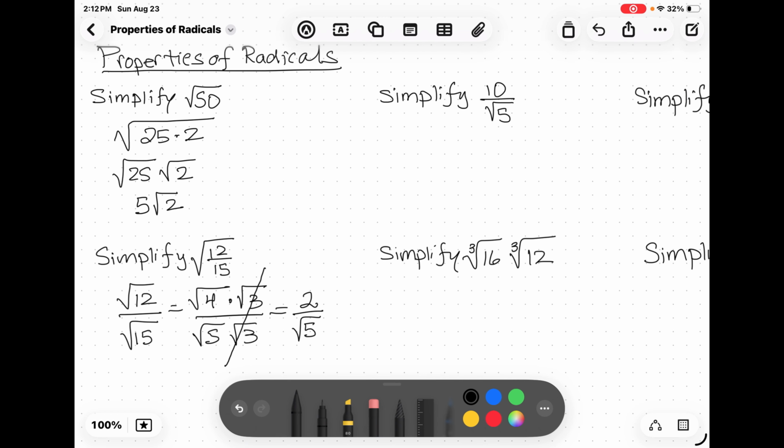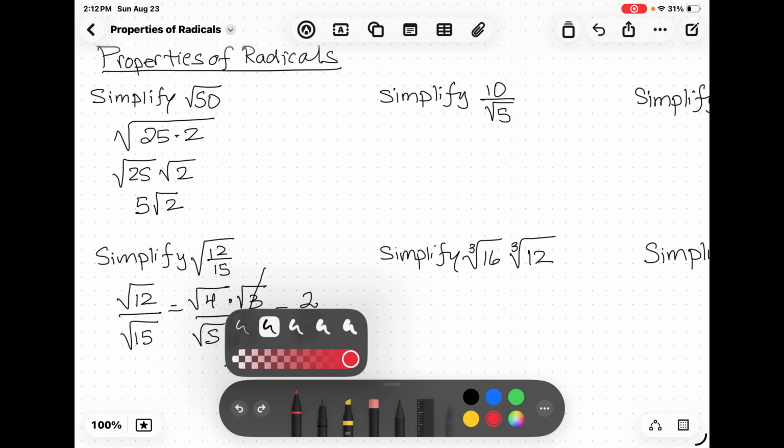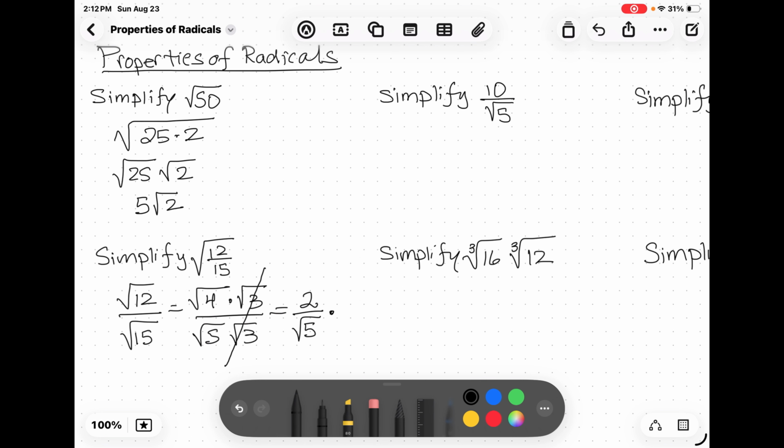And then we have this idea that we want to rationalize the denominator. That's part of the definition typically, at least up through pre-calculus, that simplify means you should have no radicals in the denominator. And how do we address that?